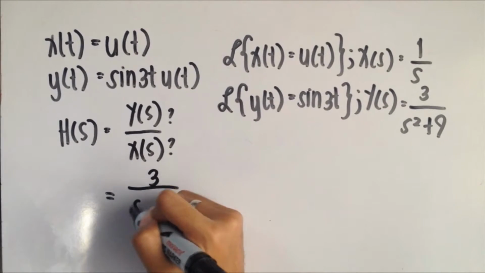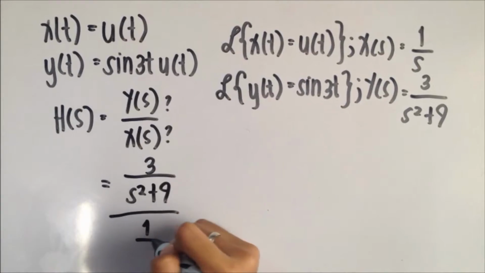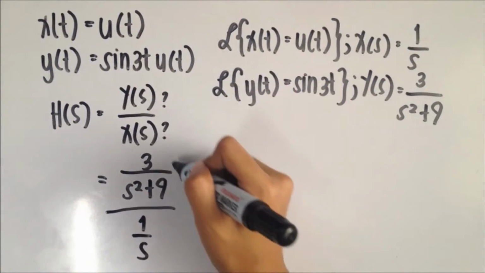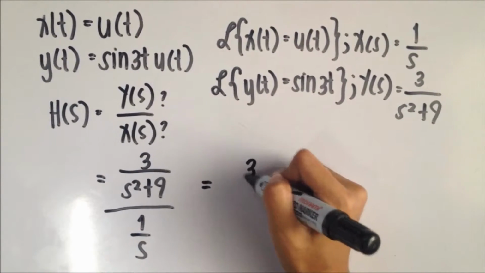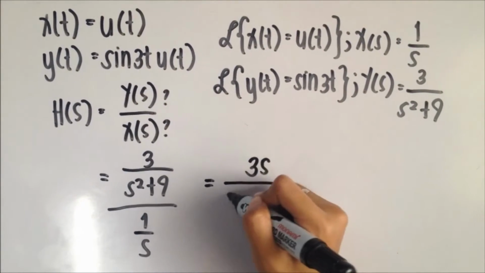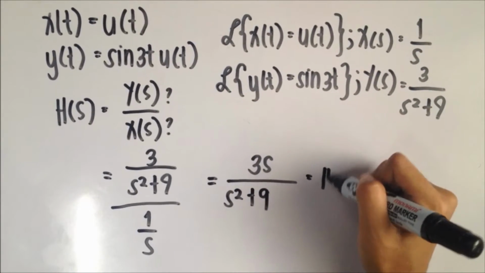So 3 over s squared plus 9 over 1 over s. We perform algebra. So we're going to have 3s over s squared plus 9, which is the transfer function.